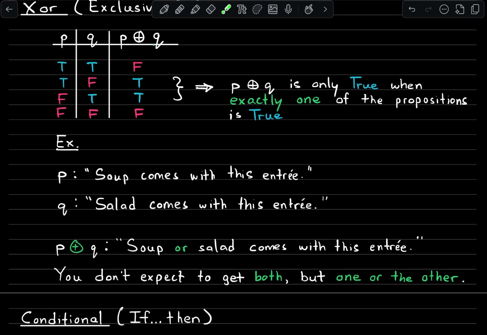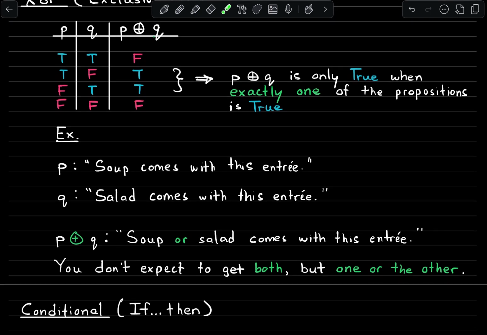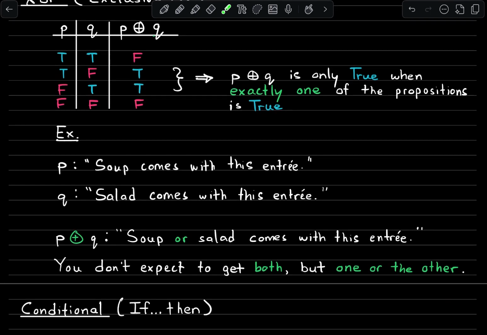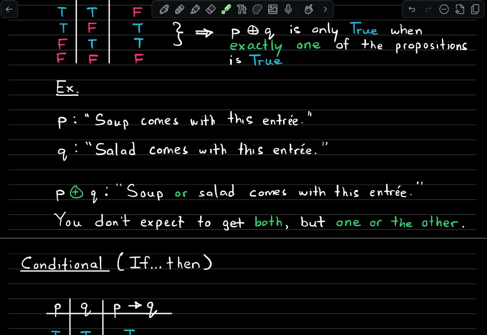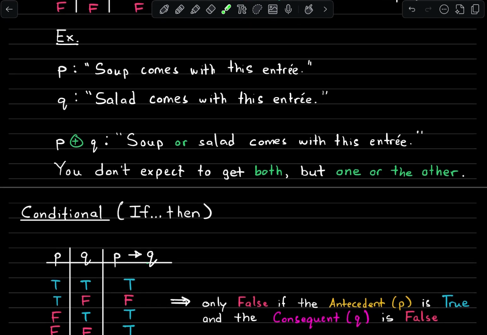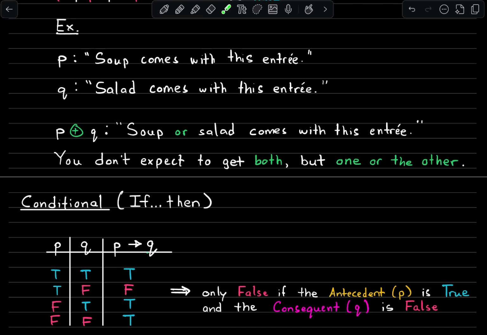Next, you've got the conditional, which is an important one. This one's going to get a little bit more involved. And this is really just going to translate to if, then. So in terms of P and Q, we're going to read this as if P, then Q. So let's look at this truth table here to start off with.